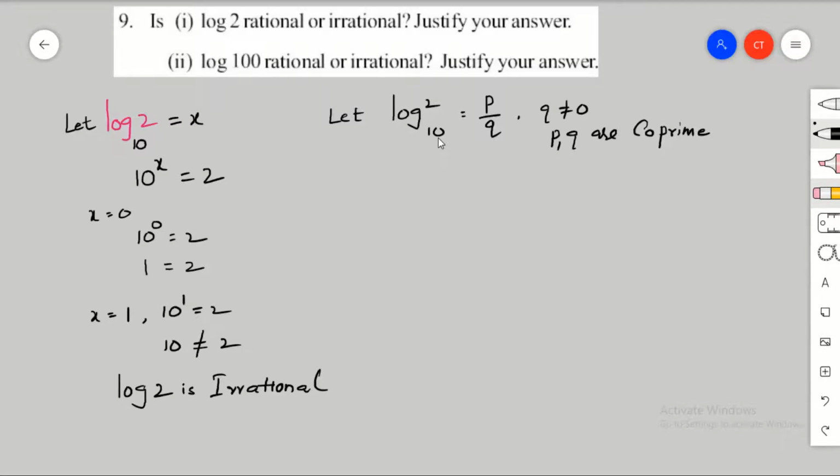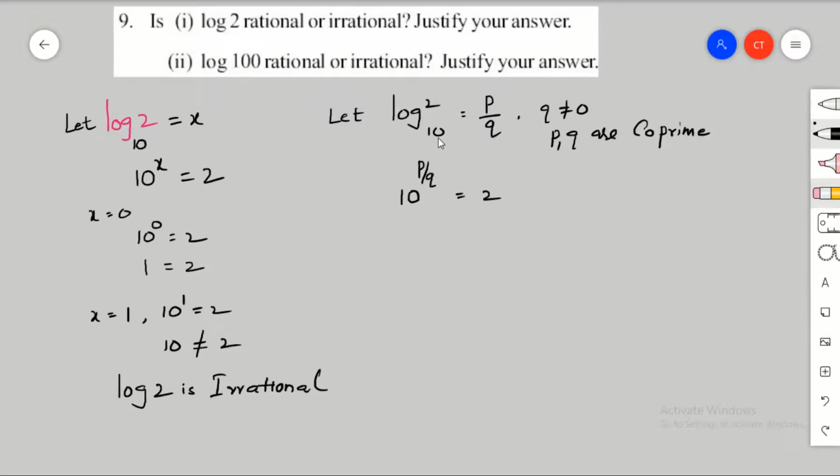So next we will convert this into exponential form instead of logarithmic form. Then this becomes 10 power p by q equals 2.